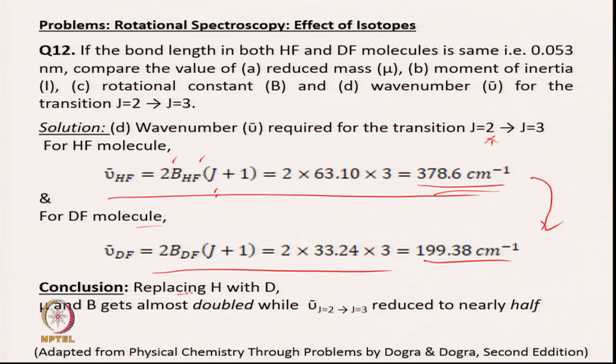So, replacing H with D, mu gets doubled, whereas B and nu bar reduce to nearly half.